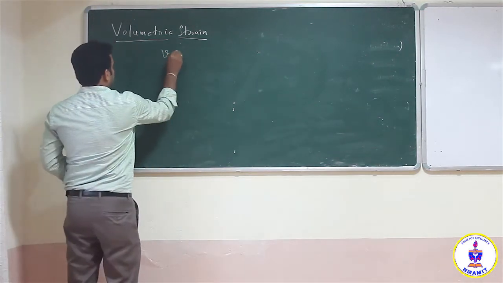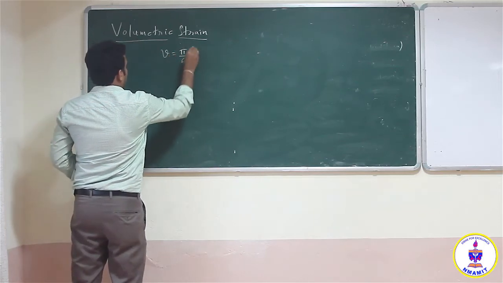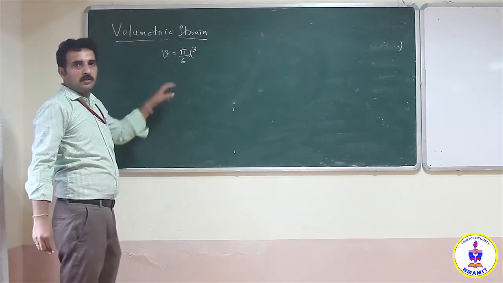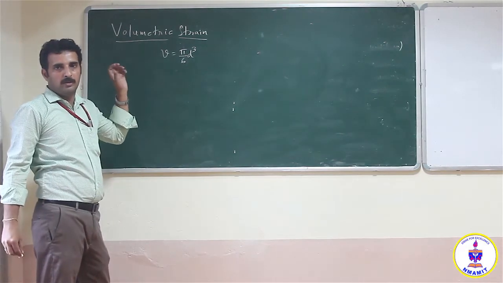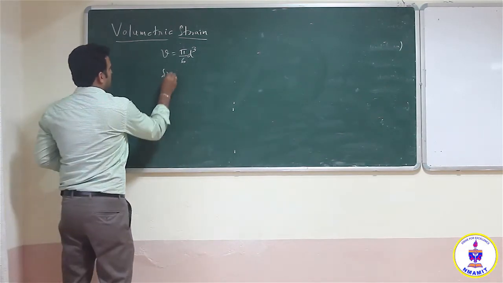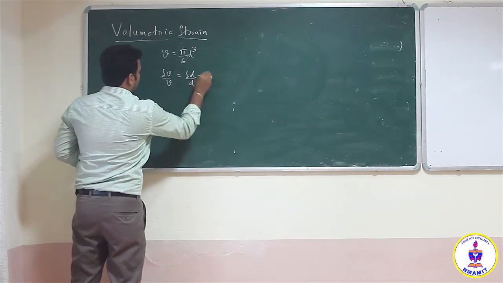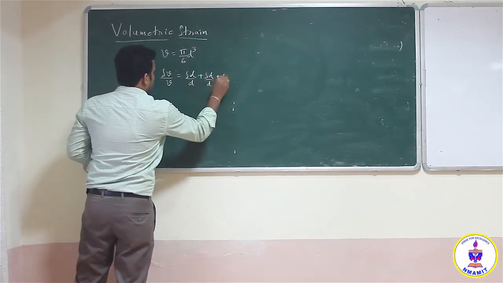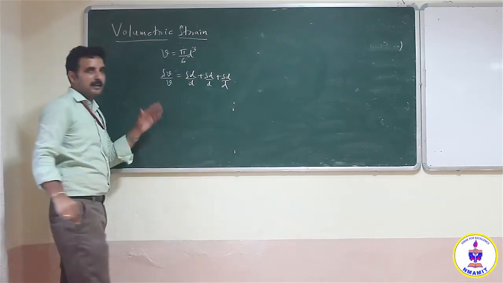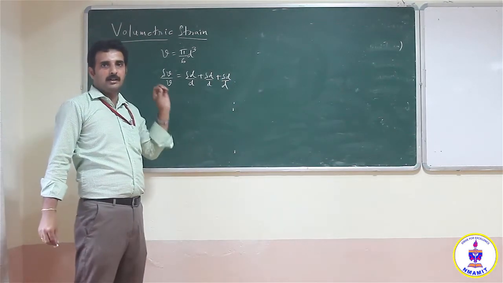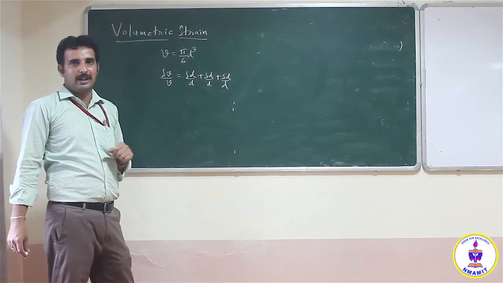Volume is given by pi by 6 into d cube. If we differentiate this volume and divide by the original volume, we get delta d by d plus delta d by d plus delta d by d. It is along x, y and z. Only the variable is the diameter; there is no length for a sphere.